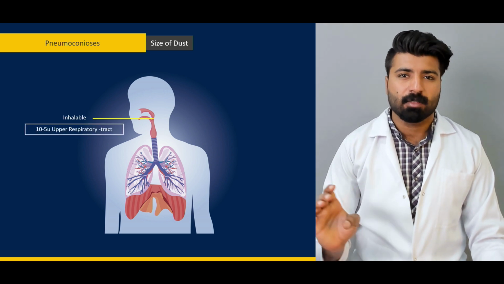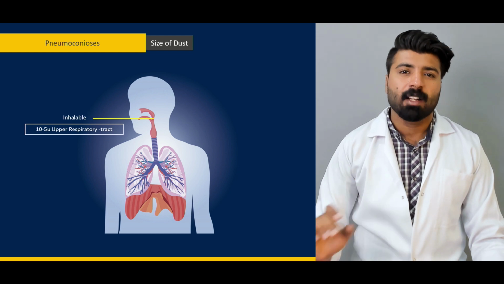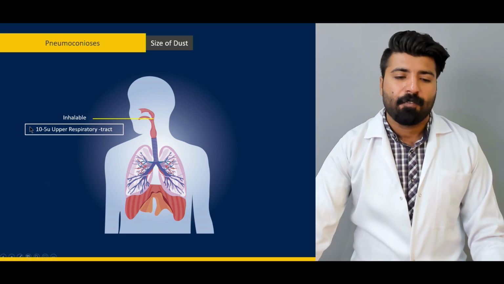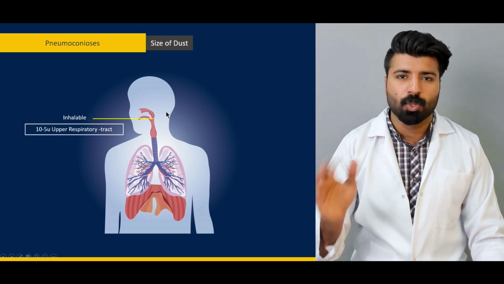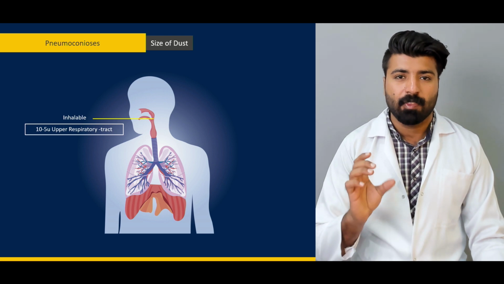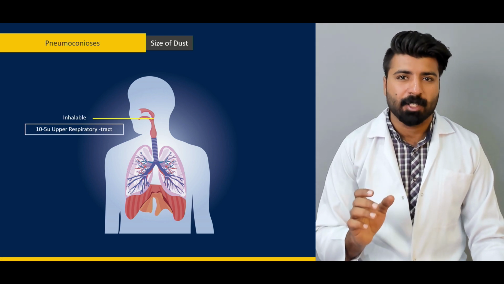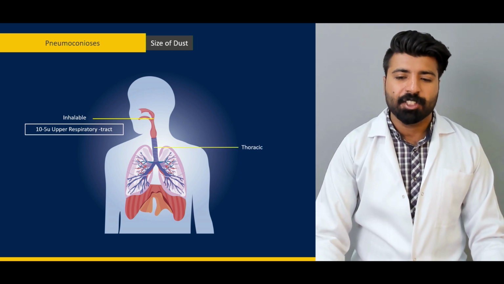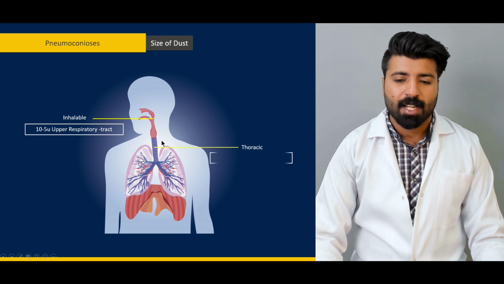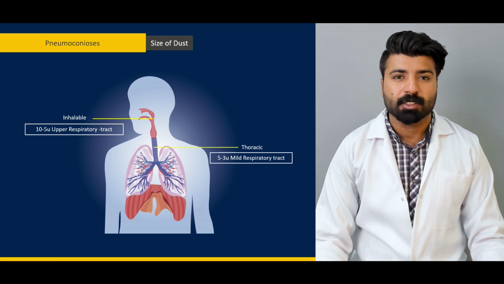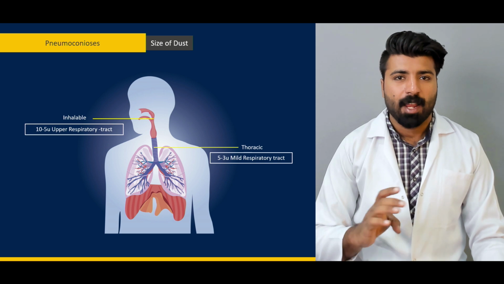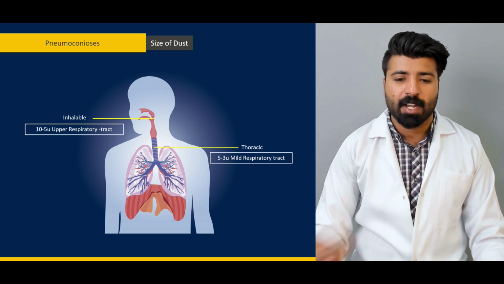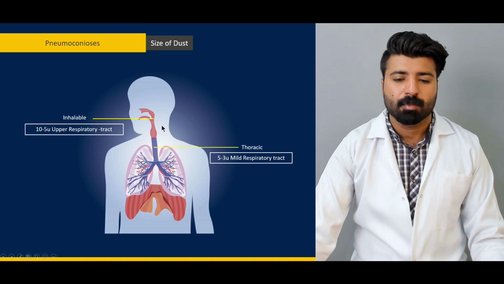Any element that has a size of 5 to 10 micrometers goes to the upper respiratory tract, because that area has this size limit. Above that, you cannot inhale it. When it reaches the thoracic level, the size goes down to 3 to 5 micrometers. Any material whose size is more than 5 is going to get stuck here because it's not supported further.